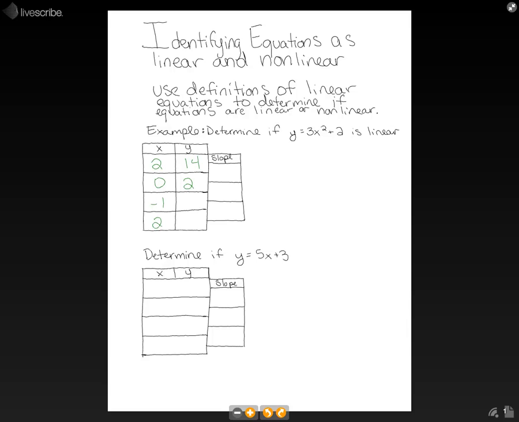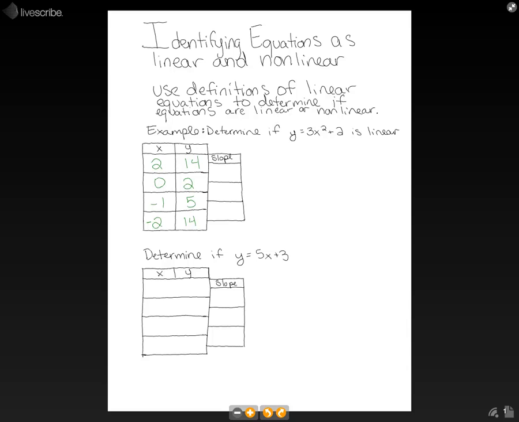If we put in -1 for x, -1 squared is just 1, times 3 is 3, plus 2 is 5. And if we put -2 in for x, excuse me, it should be negative, we're going to get 14 again, because that negative will essentially just go away when we square it.